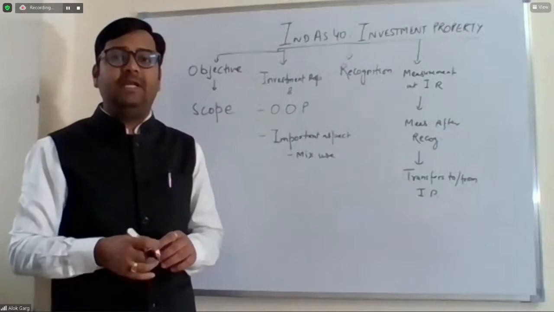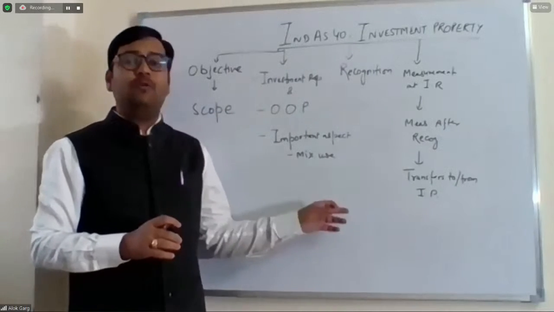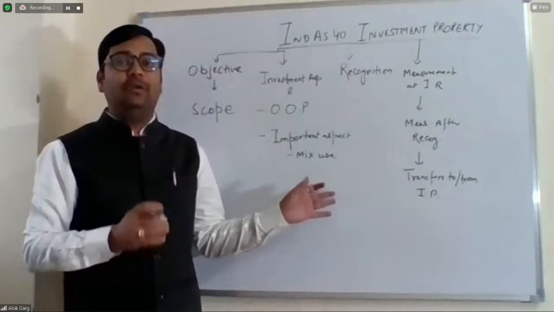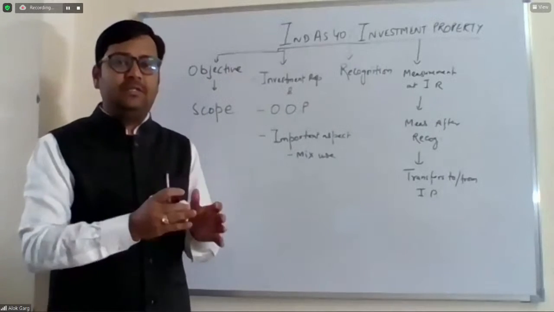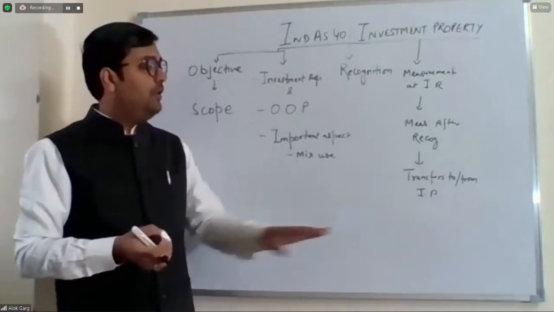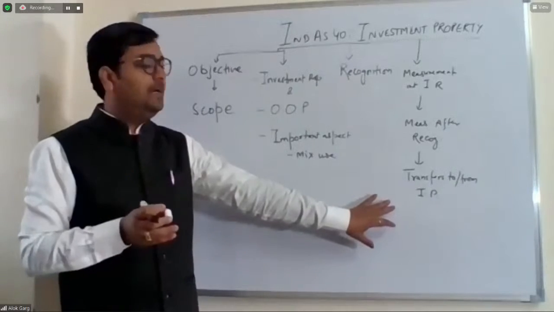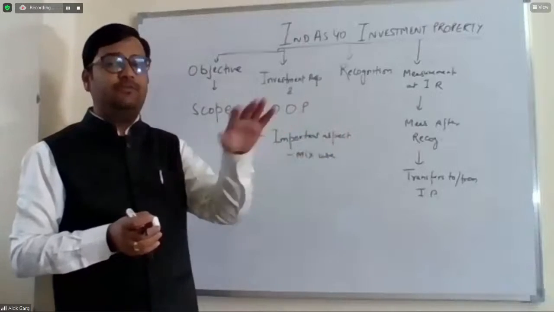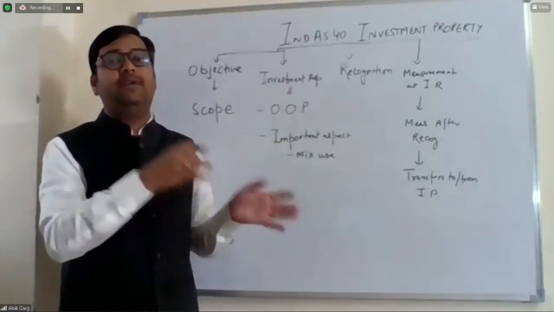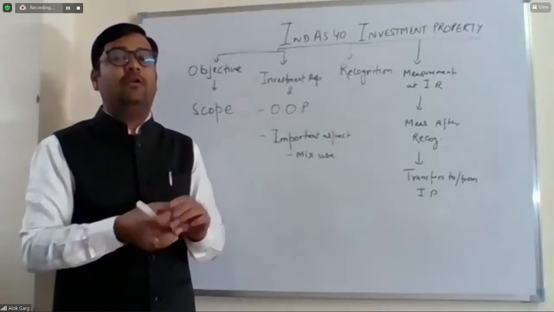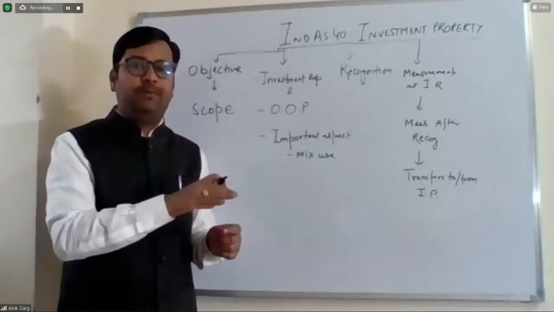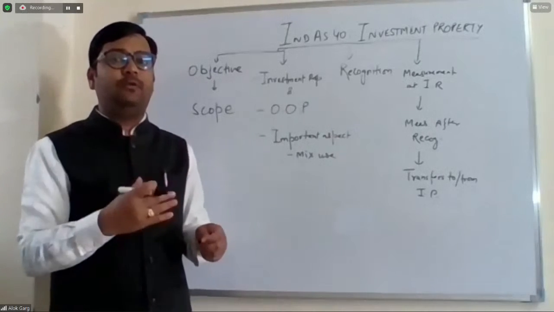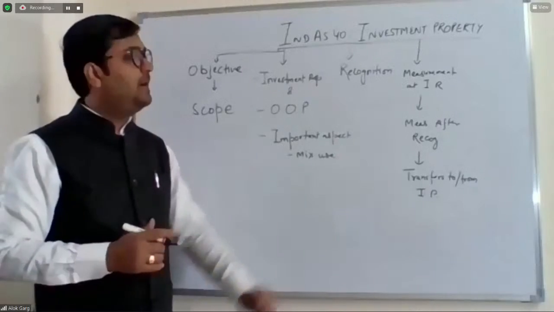Now the company has decided to lease out that building, or let out that building. Since the use has been changed, according to IndAS 40, that property has to be treated as an investment property. So transfer from PPE to investment property, transfer from inventory to investment property, or transfer from investment property to PPE, transfer from investment property to inventory. So we will be discussing this part also.